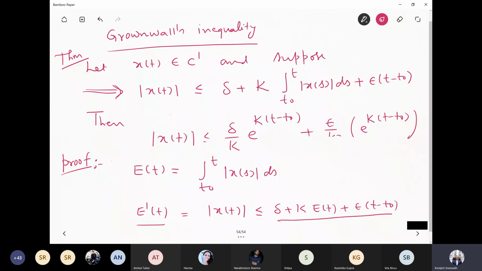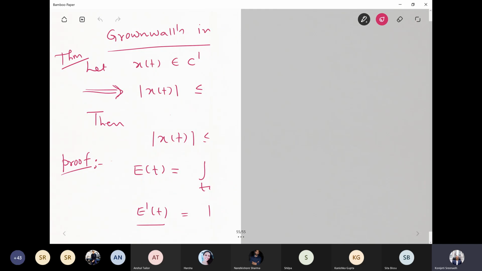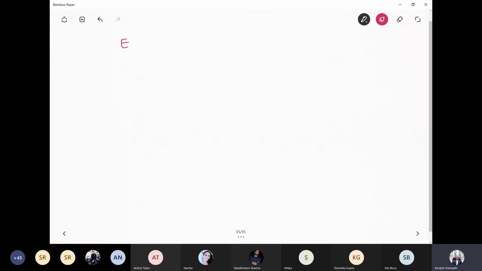So now we can try to make this nicer. We can write this as E prime(t) minus k E(t). Bring that term to this side, and therefore we get this to be less than or equal to delta plus epsilon into (t minus t naught).